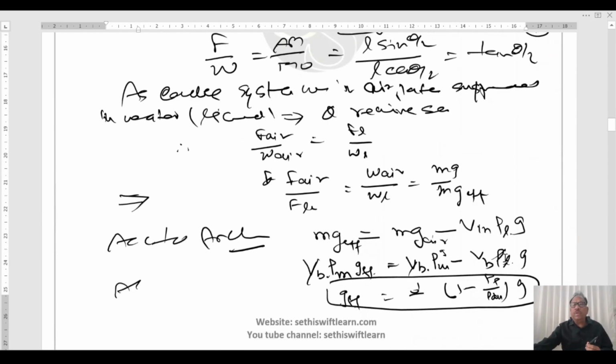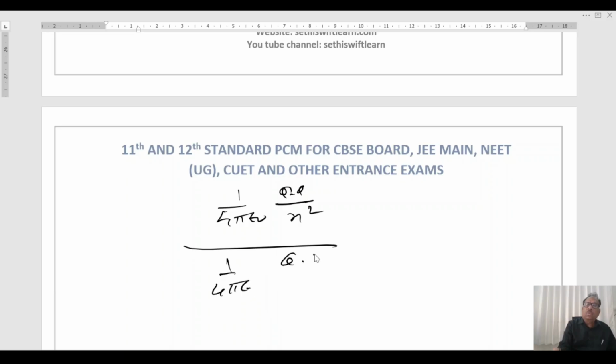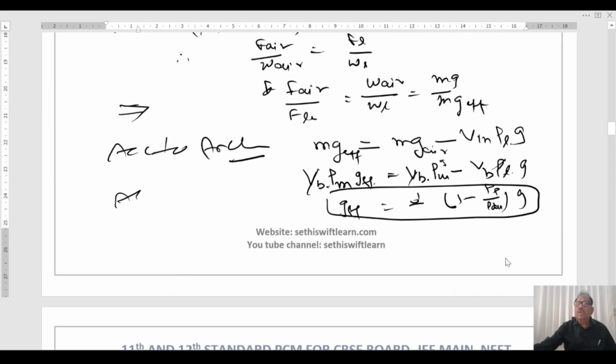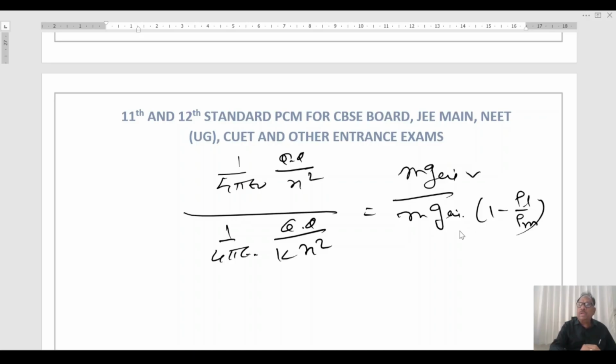First F air, then F liquid. F air is 1 over 4 pi epsilon naught Q into Q upon, say the separation is x square. Then F liquid is 1 over 4 pi epsilon naught Q into Q upon x square, separation remains same because angle remains same, into K, equal to, what is this? F liquid upon W air, M into G air over M into G effective. G effective is G air into 1 minus rho L over rho M, right?